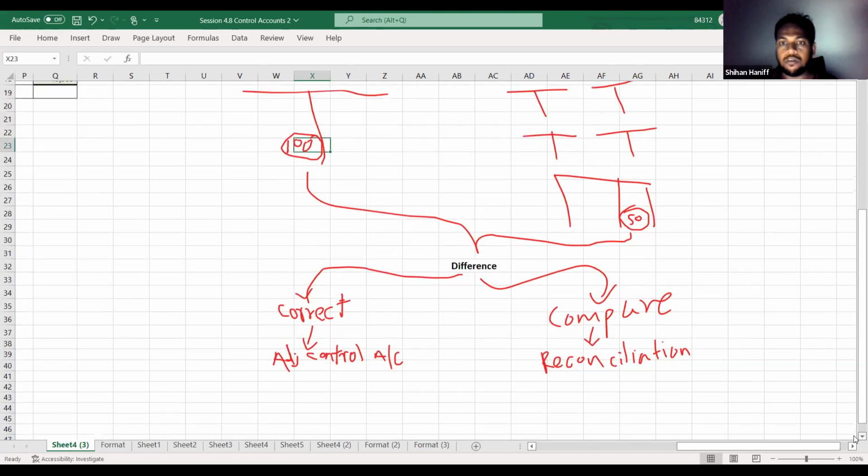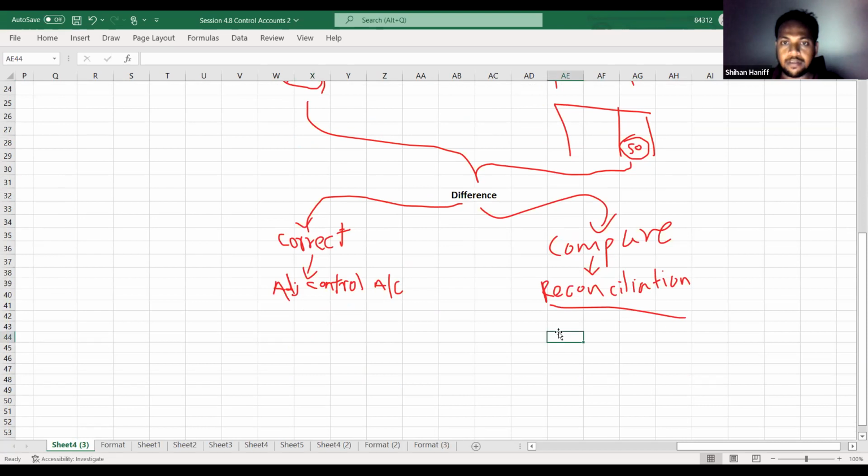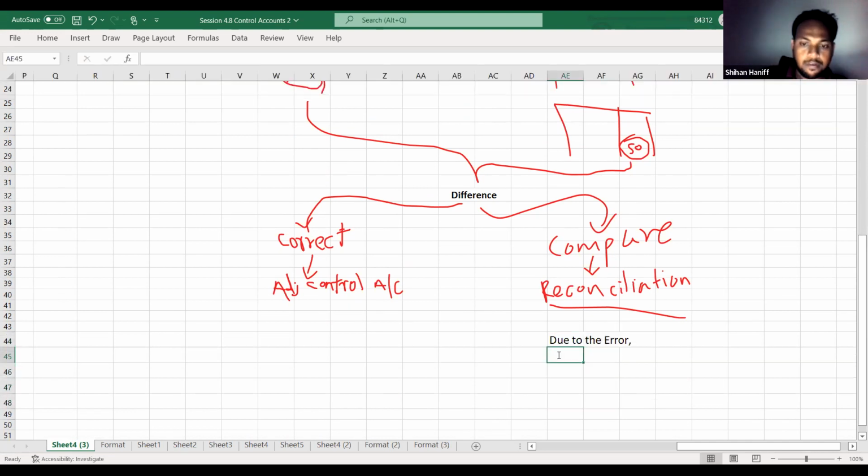So how do you reconcile? Reconcile means, due to the error, if the sub-ledger balance is more, then you have to add, in plus.